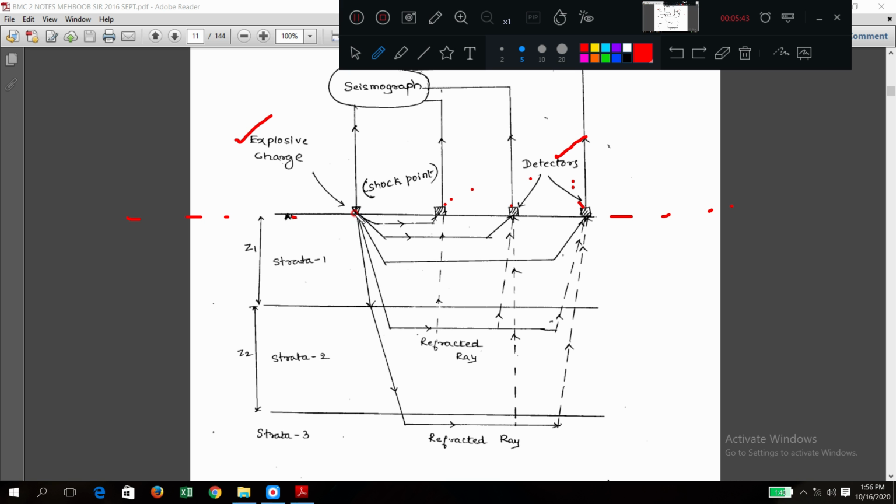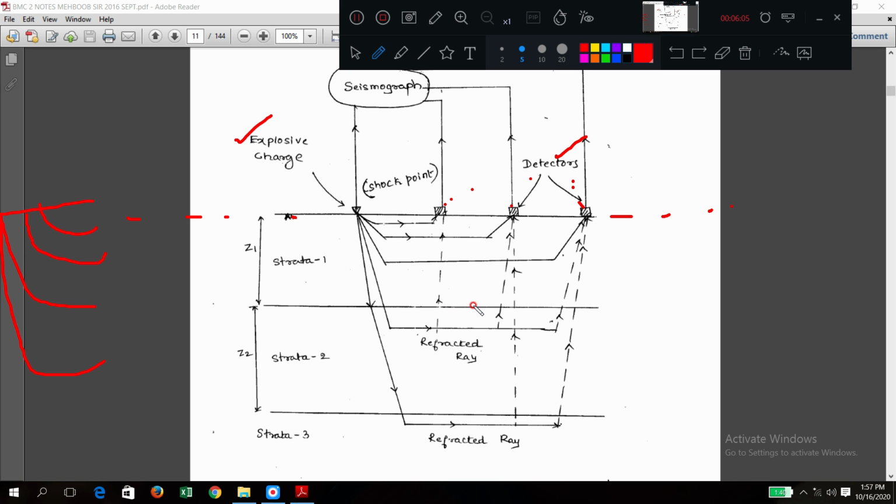Anyhow, waves will pass through the soil. So here it will generate, it will move like this, like this, like this, in any possible direction. At some point they are going to reach a wherever there is some interface.